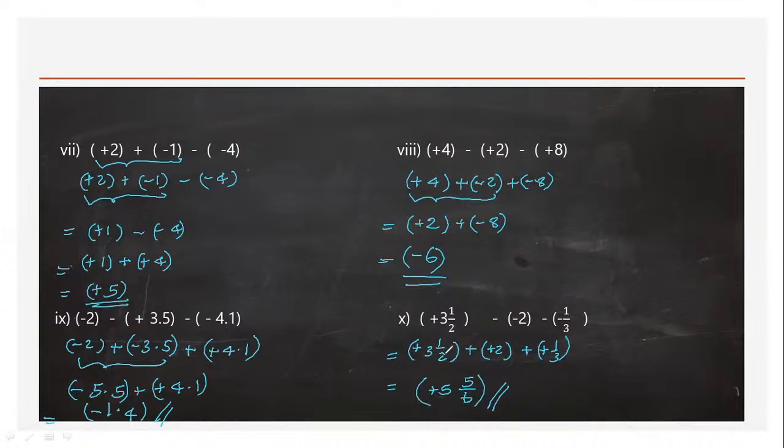When we add this to this 5 and a half, then 5 and a half plus 1/3. I told you how to add this type. Then cross multiplication, 3 times 1, 3, over here 2 times 1, 2. 2 times 3, 6. Then 5 and 5 over 6. Then you can write the answer positive 5 and 5 over 6.